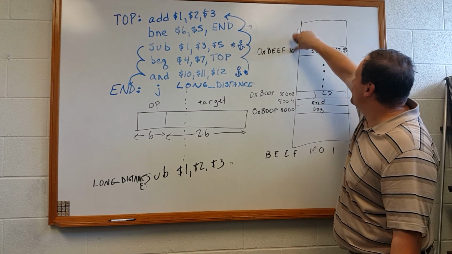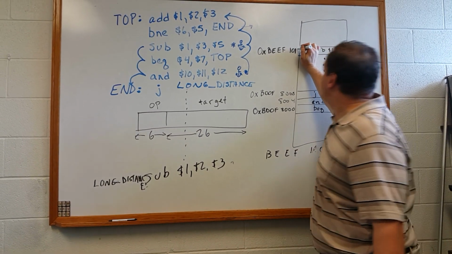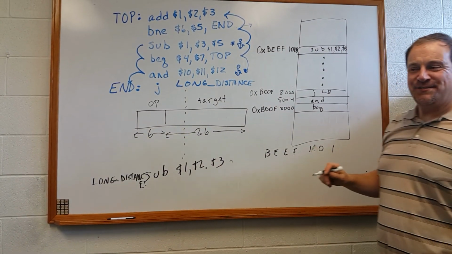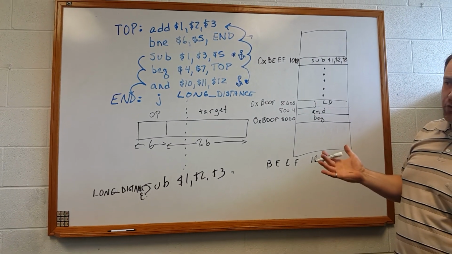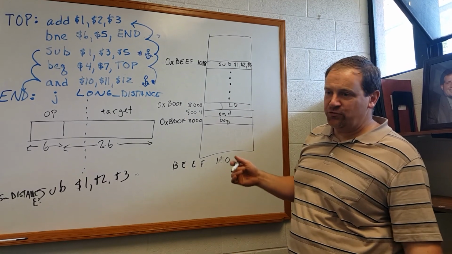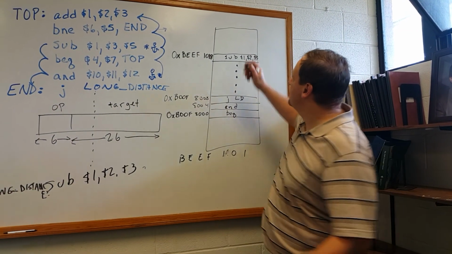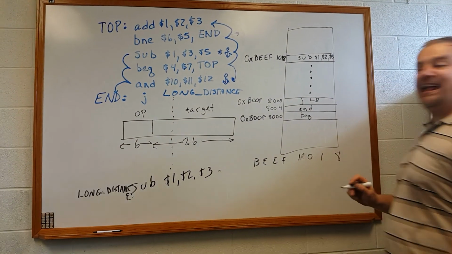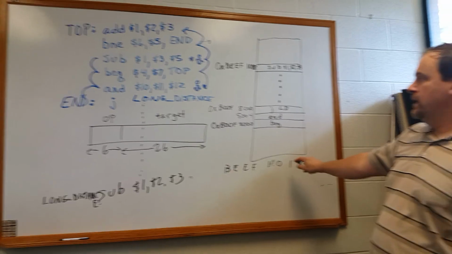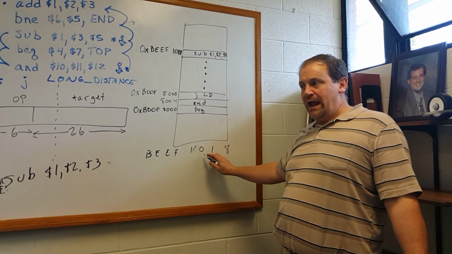I can't have 01F, I have 018. Okay? So I've put an invalid address for an instruction. Hopefully you at home were screaming and yelling at the screen, maybe even breaking the screen, throwing something at it. All right, so that's the only valid instruction. So that's where I want to go. Long distance is stored at this absolute address.